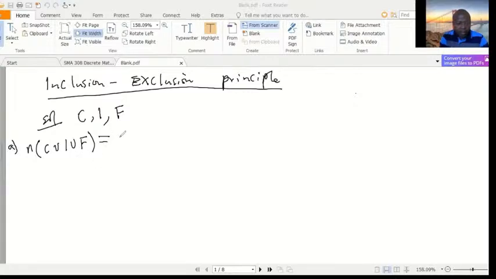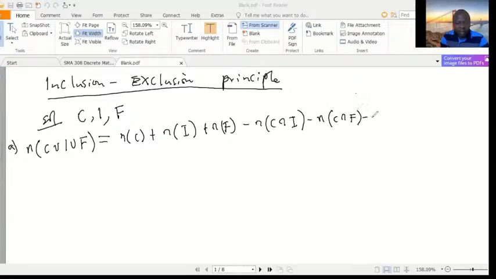Now, this would be given by the number of those who took car loans, plus the number of those who took investment loans, plus the number of those who took school fees loans, minus the number in car intersection I, minus those in car intersection F, minus those in F intersection I, plus those in the intersection of car, I and F.